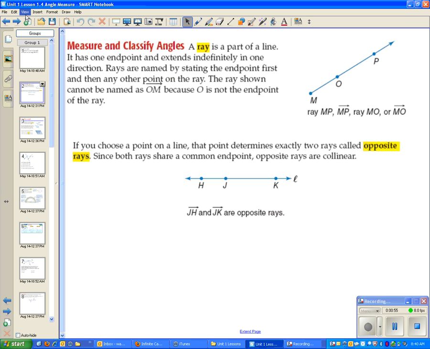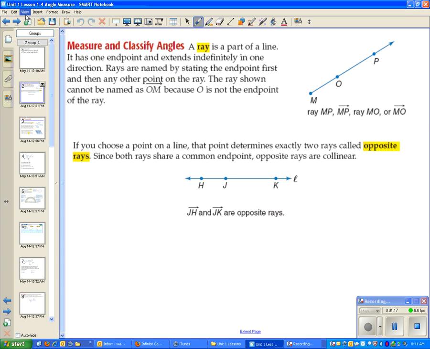Rays are named by stating the end point first. Now, that's important because when we were naming lines or segments, it didn't matter what order we put the points in, did it? But with a ray, it does. Rays are named by stating the end point first and then any other point on the ray.